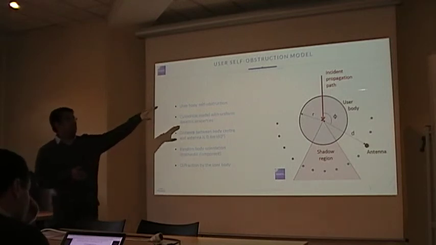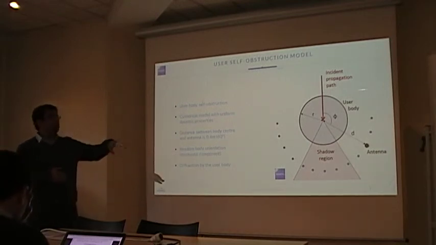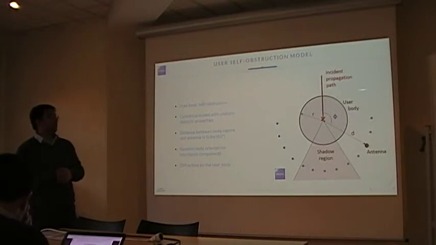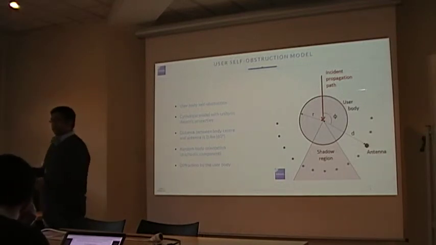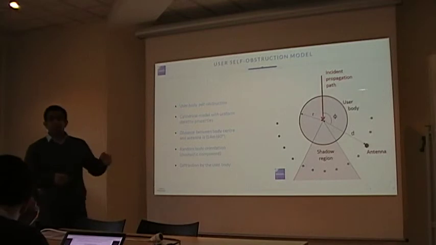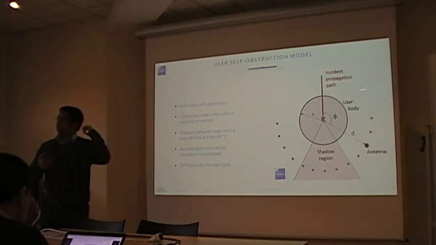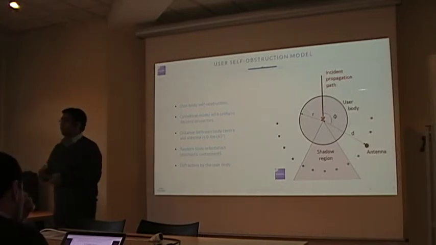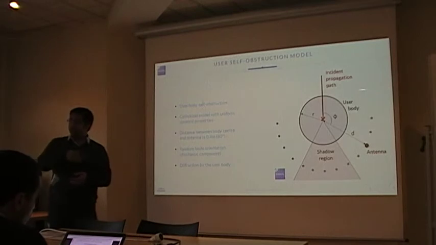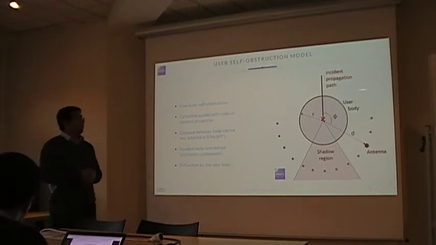If that's the incident propagation path, the transmitter is located in that direction, we will have the user body. And we have the antenna, which is basically the UE or the mobile. And this can be oriented in any direction. What is interesting is that if you are completely on the other side of the specular path, you might have some blockage. But it's also possible you're at a different angle, and this has to change. So it's not yes or no.